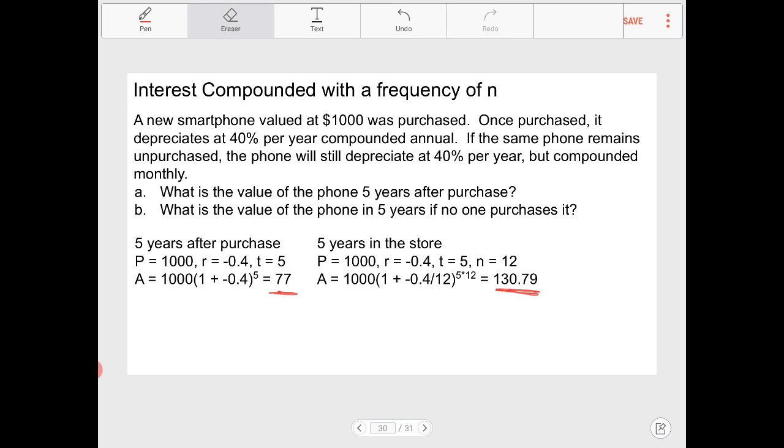If you buy a brand new old iPhone, that's probably about the price you're going to be spending. Again, this is another example where if you increase the frequency of compounding, the value will be higher at the end.